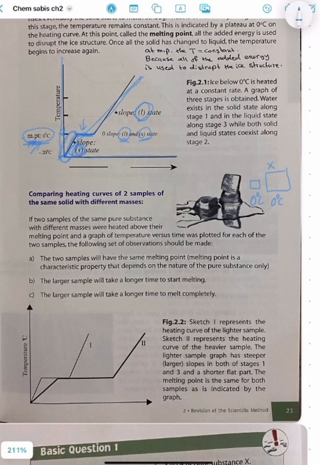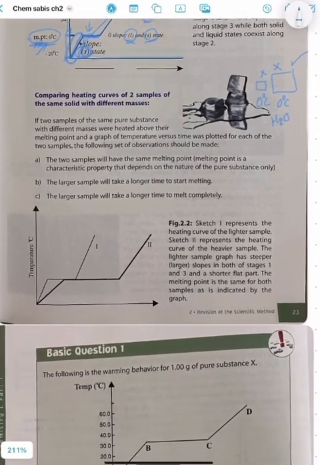Okay, it does not depend on how much it is or how big it is. Both of them start at 0 Celsius. Why? Because both of them are made up of water. But if I say which one of them will take more time, you will say the big one. Okay, this is the difference between them. But melting point, it is constant. It's a physical change, so it is constant. It does not change.